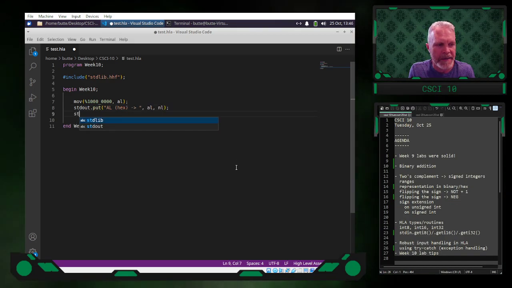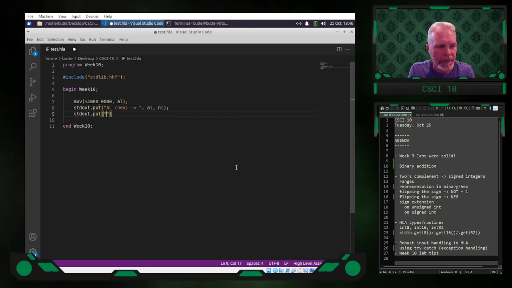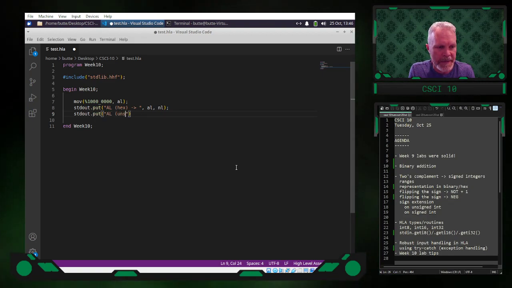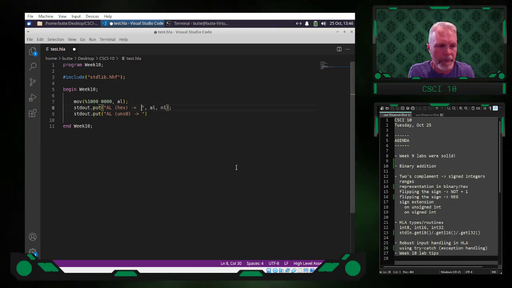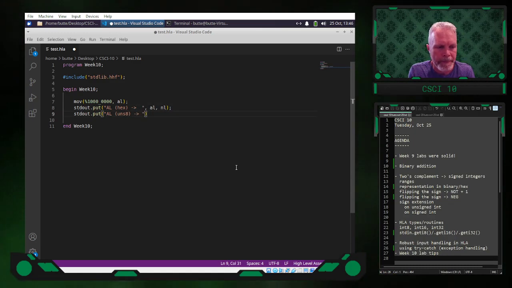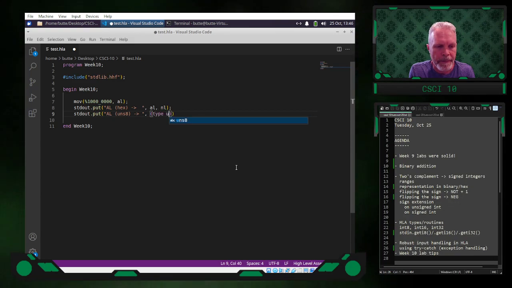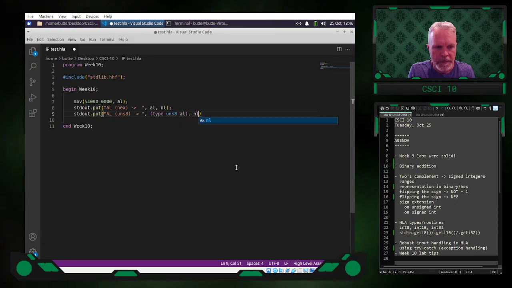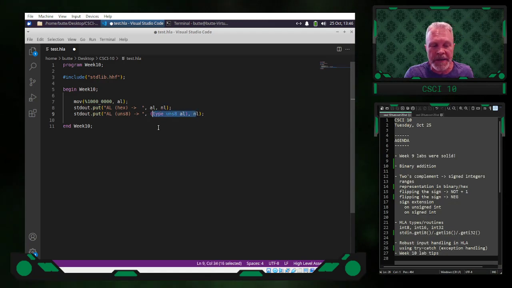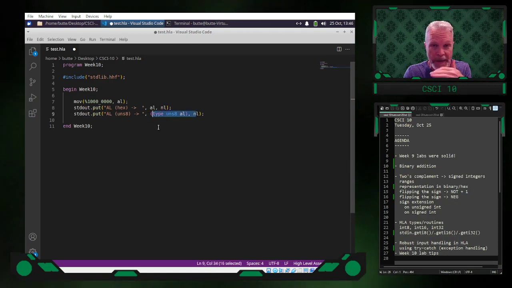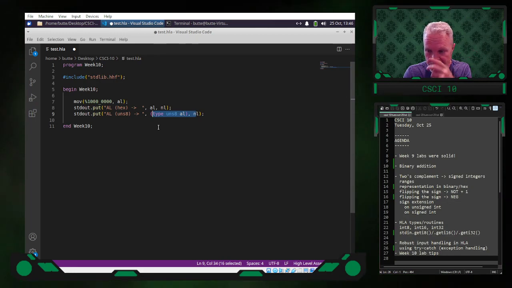We'll look at it in hex. We'll look at it as unsigned. When we are typecasting to an unsigned type, that means that the high order bit is just part of the normal binary counting system.